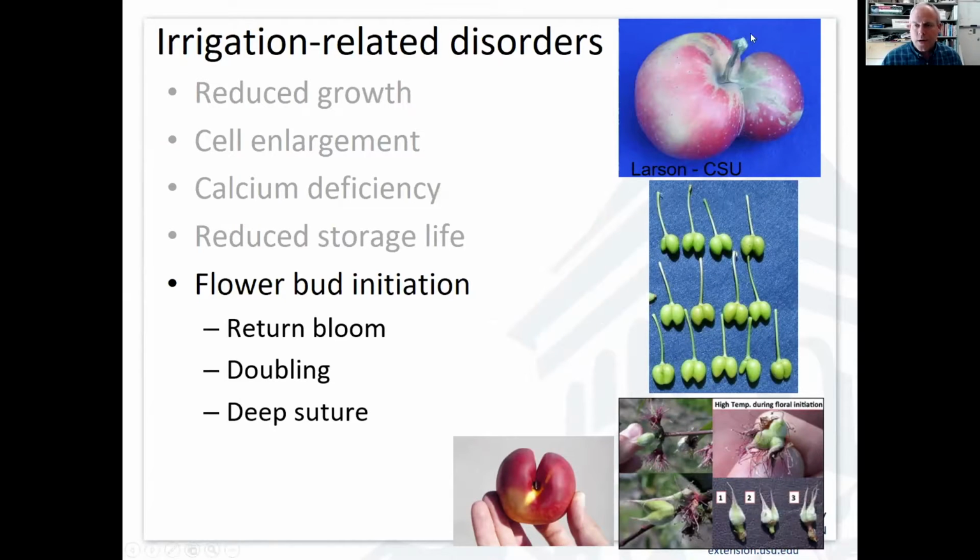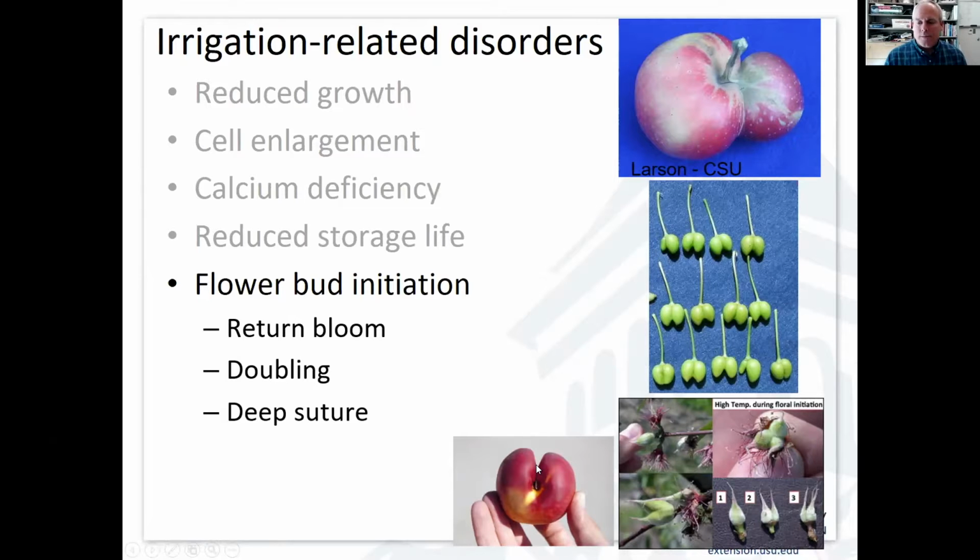So here on the top, I've heard people call these Siamese twin apples for obvious reasons. You'll get this doubling. These are immature sweet cherries. You get it in peaches. And if you don't get a full doubling, like is shown down here, you'll get what they call a deep suture, like this, where it's almost 2 peaches, but not quite. It's kind of divided.